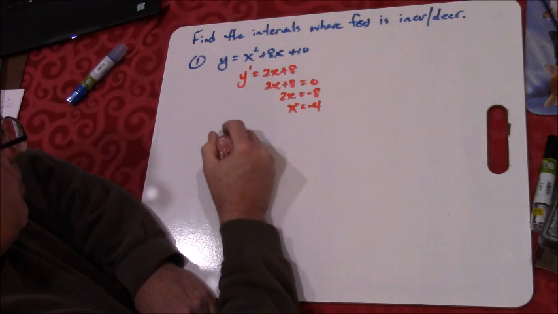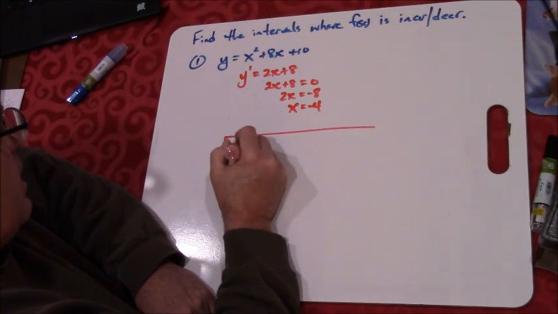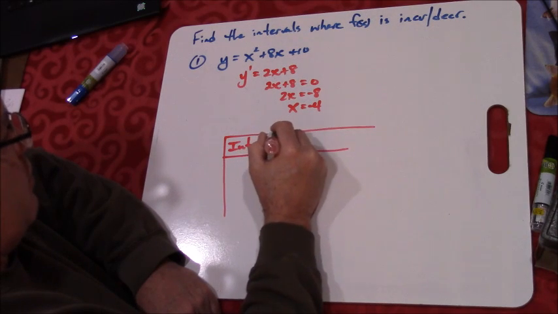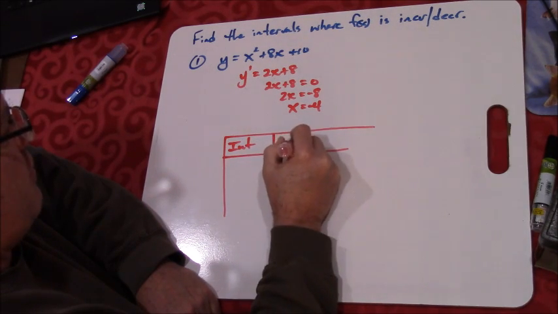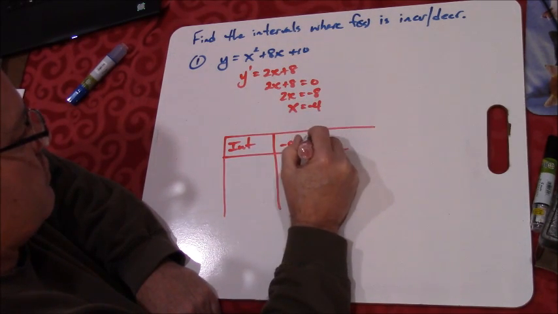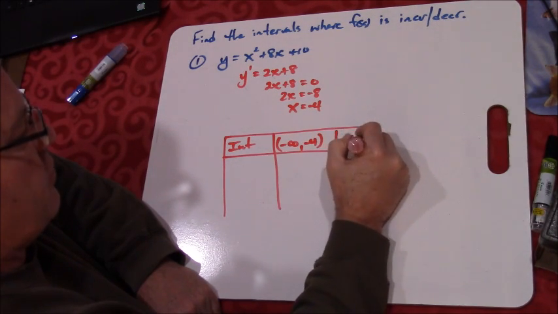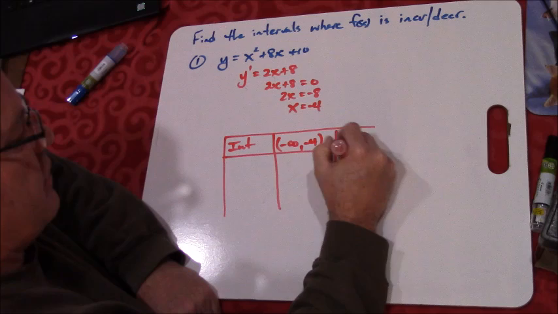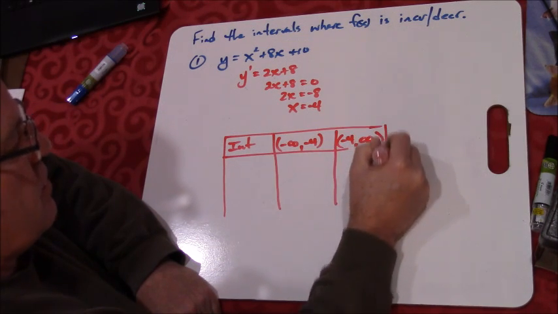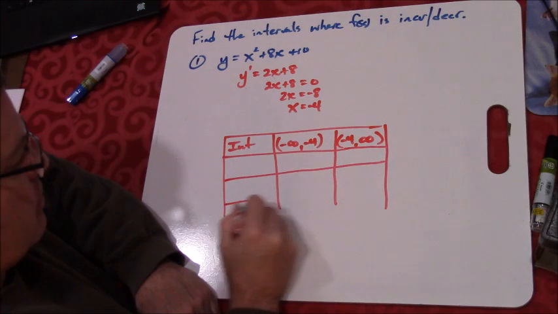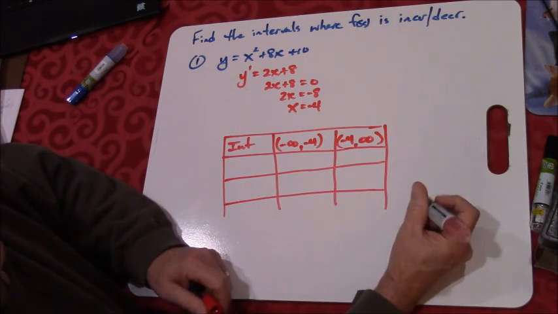So when I set up my intervals, I usually just abbreviate that int. I'm going to have an interval that goes from negative infinity to negative 4. And then my next interval goes from negative 4 to positive infinity. Something that we did last year that is similar to this was when we solved inequalities.